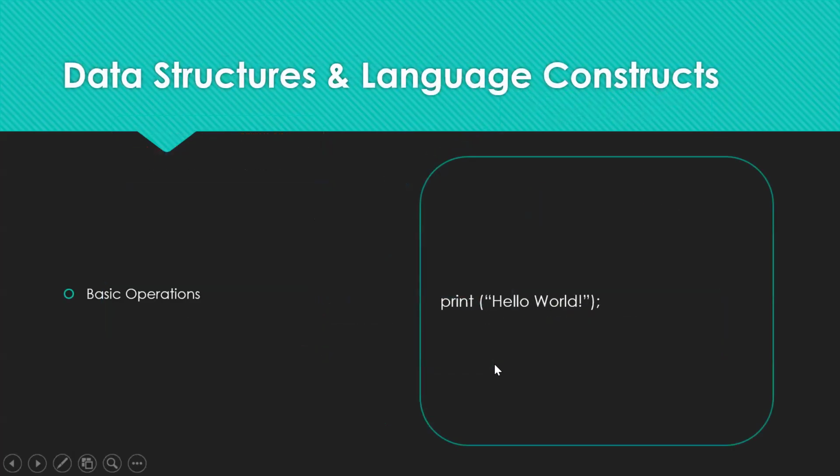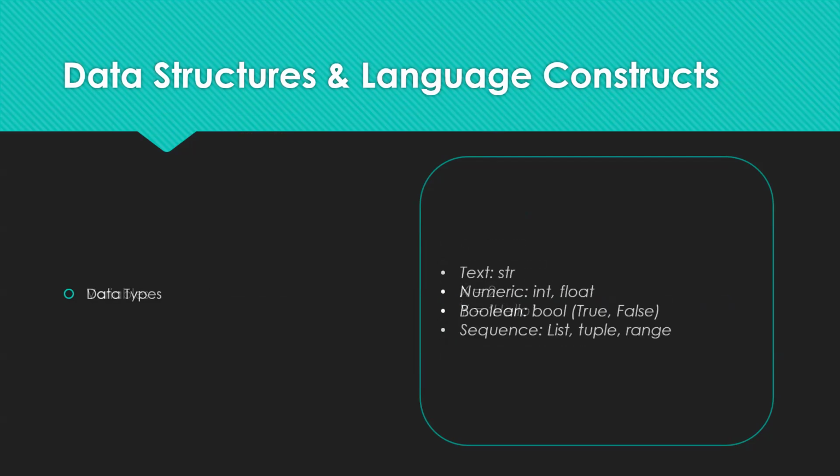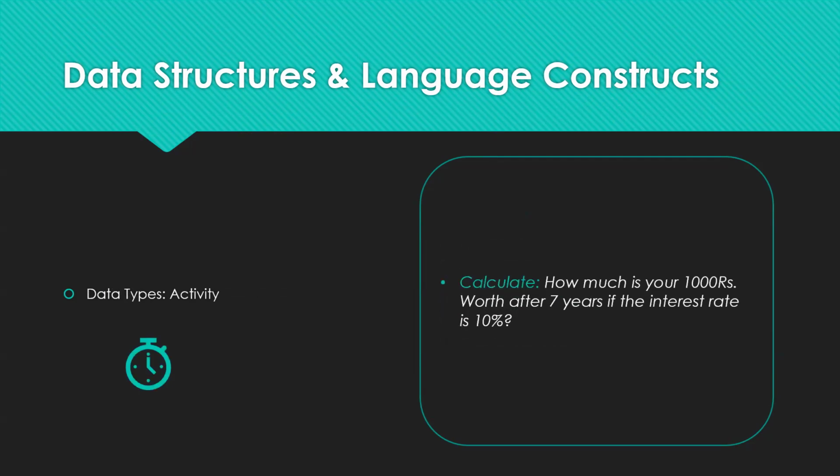So the basic operations, if you learn any language, it can be C or Java or any other language, first of all, we learn the grammar. Even if we learn Hindi or English, we should know the grammar. The grammar is the basic operations: how we can do the print, how we can write the comments, how we can do the basic calculations and operations like addition, subtraction, multiplication, and how we define variables, what the different data types are.